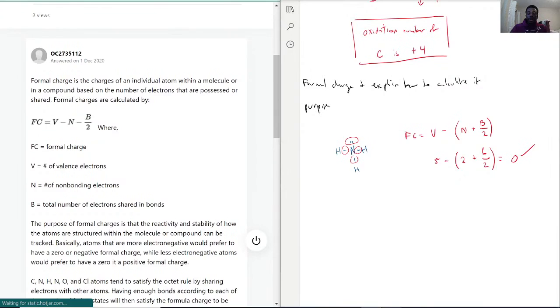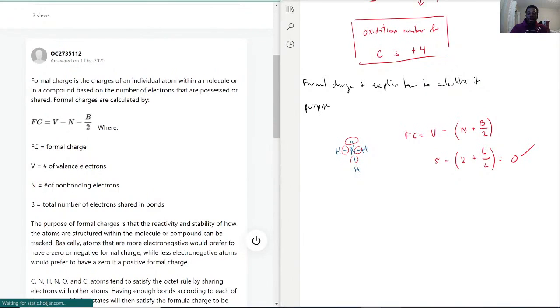If you're dealing now with NH4 plus, which is ammonium, and you plugged it in, we still have 5 valence electrons, but nitrogen no longer has any lone pairs by itself, and it's now sharing 8 electrons.